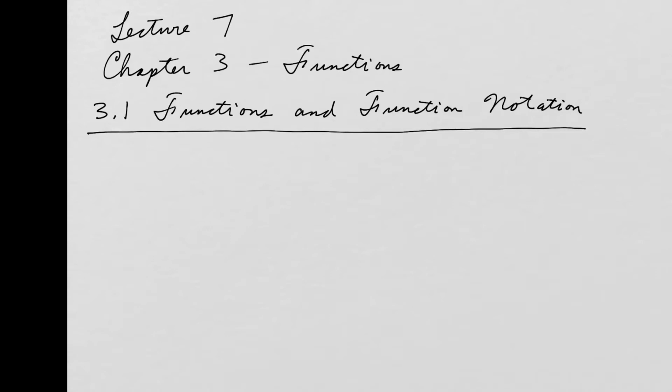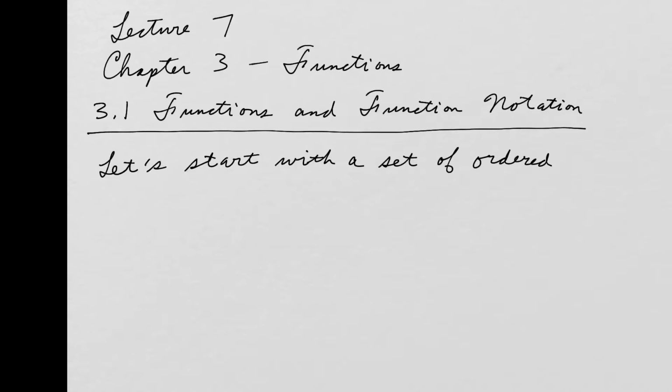Okay, so before we start talking about functions, let's talk about a similar idea, which is called a relation. So let's start with a set of ordered pairs. So it's a set, right?